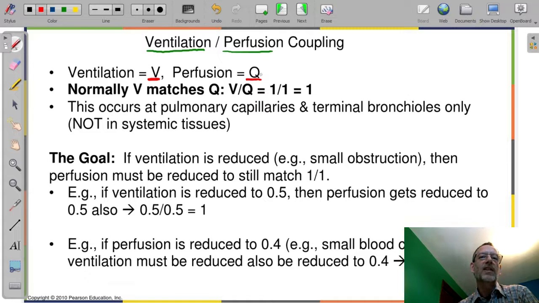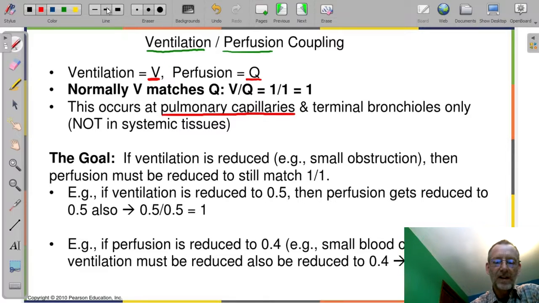So if you have adequate ventilation to the lungs, you want an adequate blood supply. On the other hand, if ventilation is reduced for some reason in a particular spot in the lungs, then you reduce the perfusion in that area. So this occurs only at the pulmonary capillaries, and I should say probably in a small area.